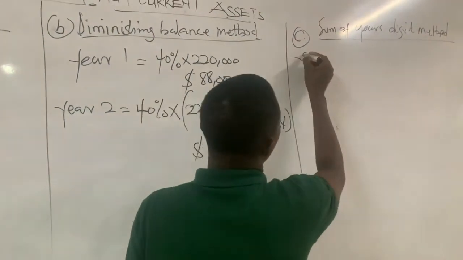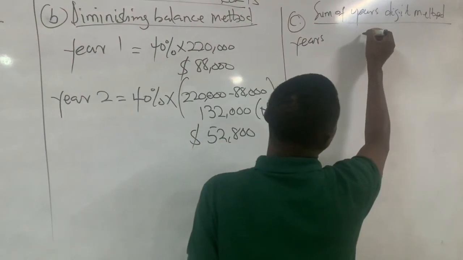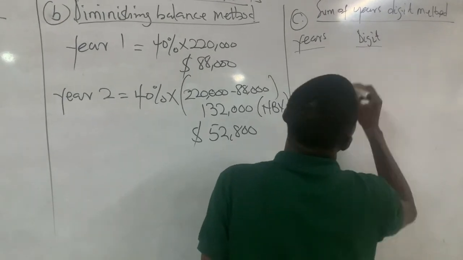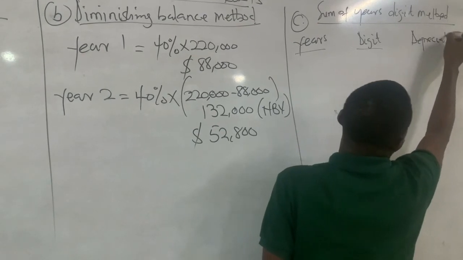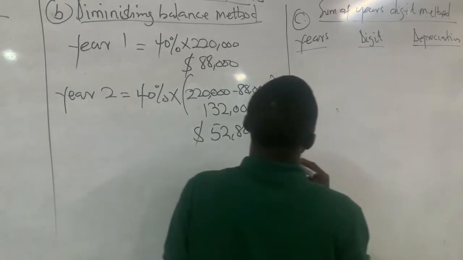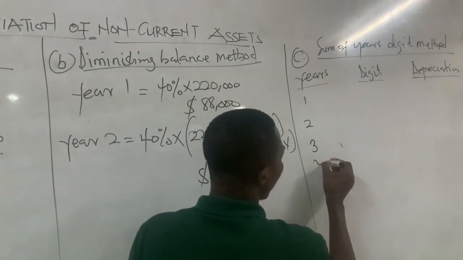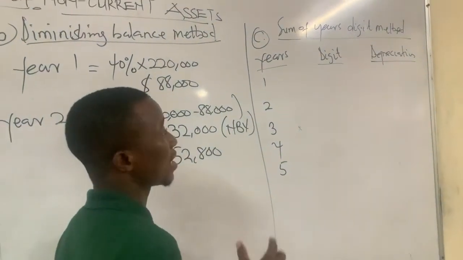So we look at the number of years, we consider the digits. Is that okay? Then we consider the depreciation itself. Okay, so year 1, year 2, 3, 4, and 5. Is that okay? So let's consider the digits.